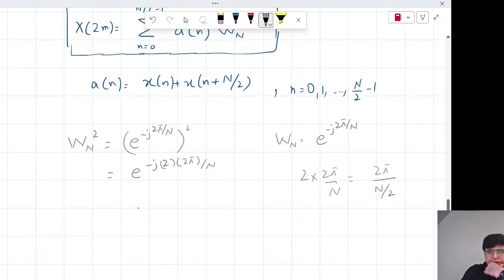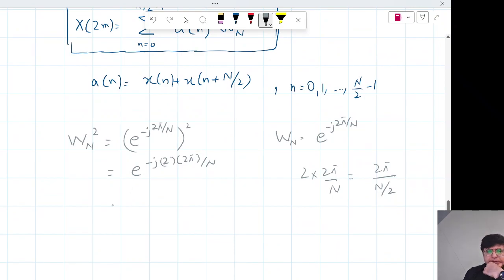So then I can write this as e to the power minus j 2 pi over N over 2. This is W subscript N to the power 2. Clear? Okay.